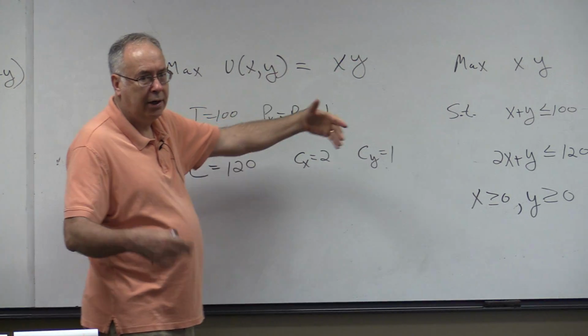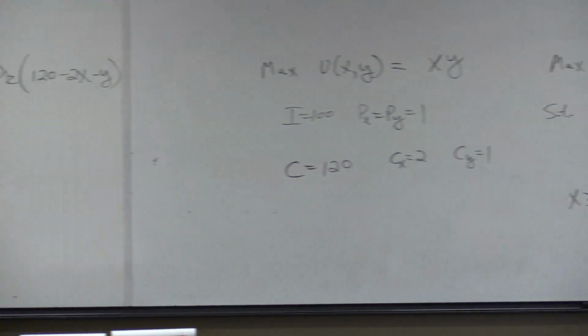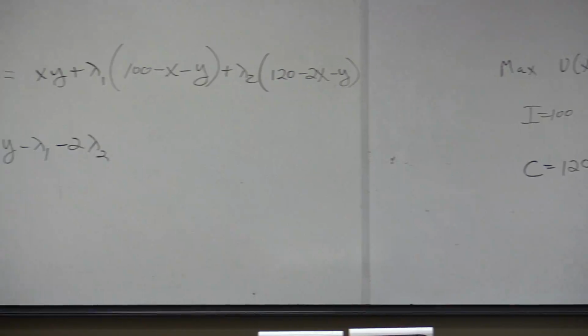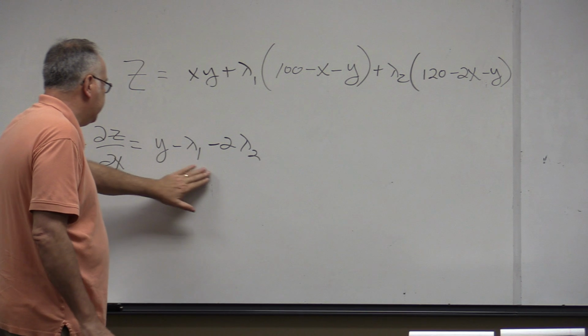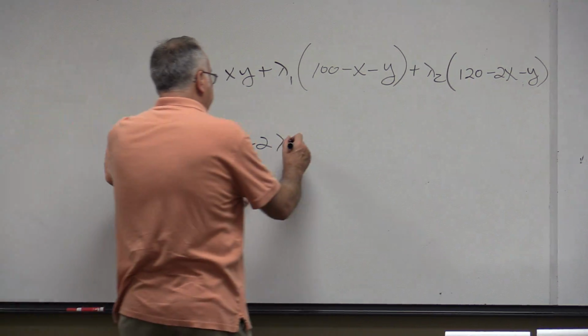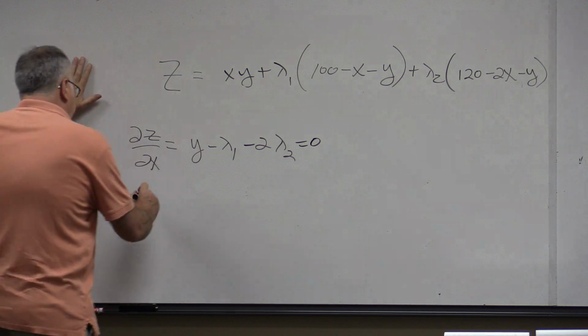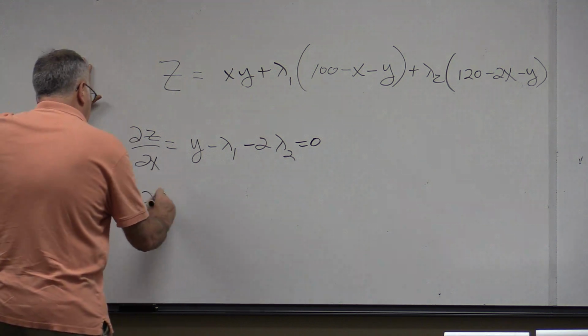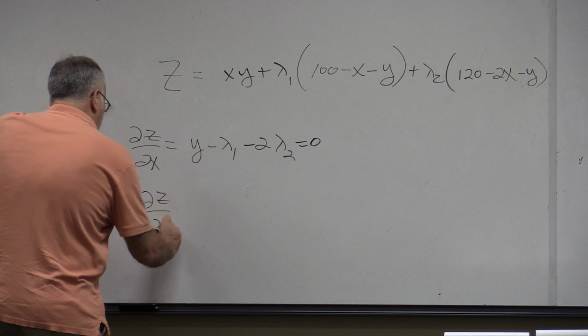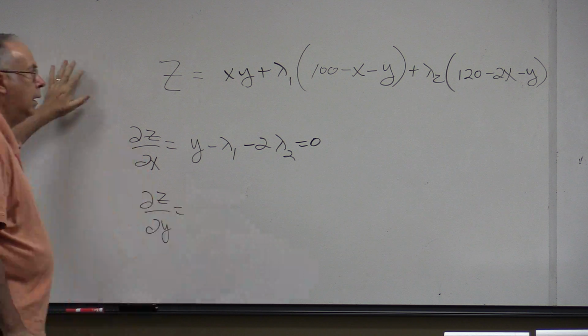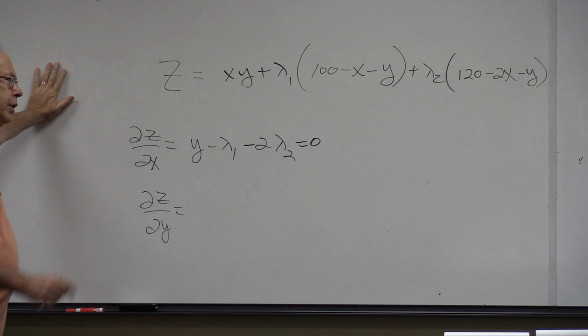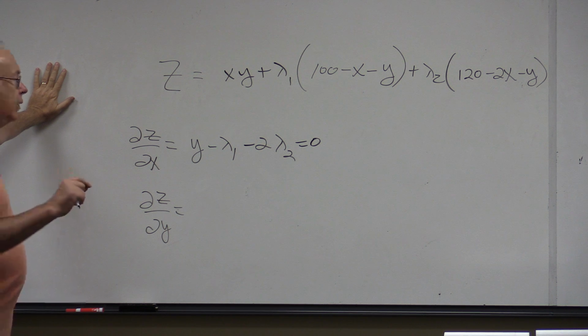So let's assume this is 0. Okay. Partial z, partial y. I shouldn't say you're going to spend all your money. Forgive me, that was wrong.